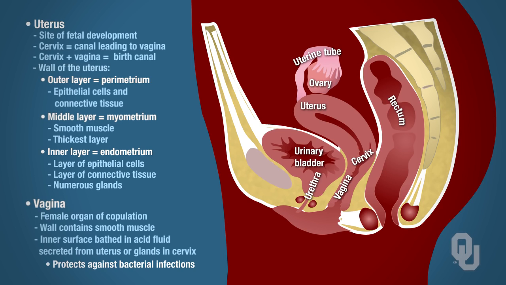And then the most important layer of all for us is the endometrium. When we discuss the menstrual cycle, we'll be talking a lot about the endometrium, the innermost layer of the uterine wall. And then over here is the vagina, the female organ of copulation. Lots of smooth muscle is associated with that, and lots of glands. I'll let you read the rest of the information on these slides.